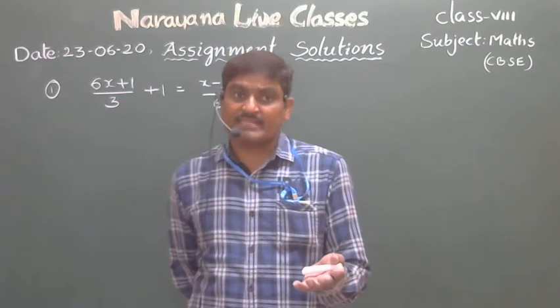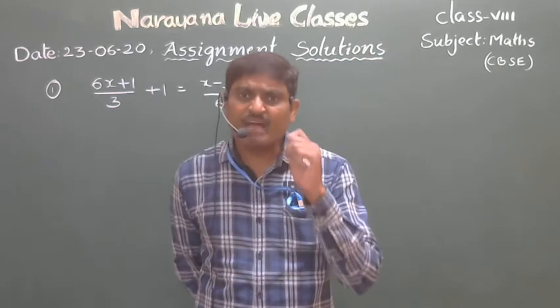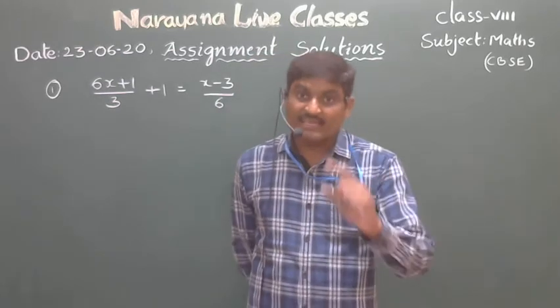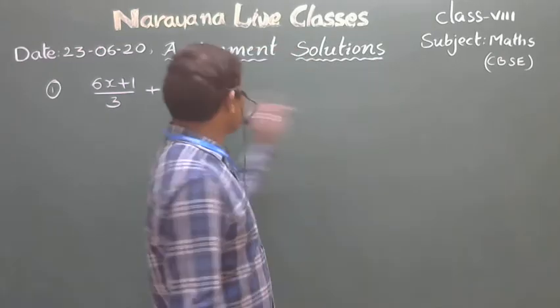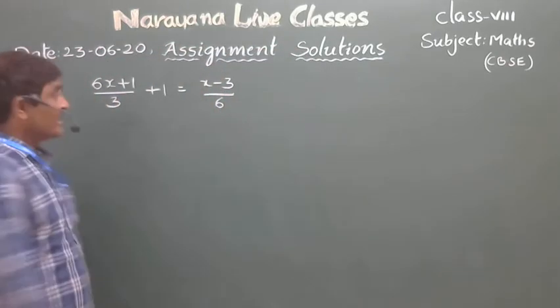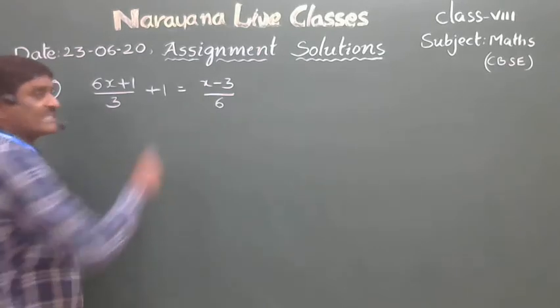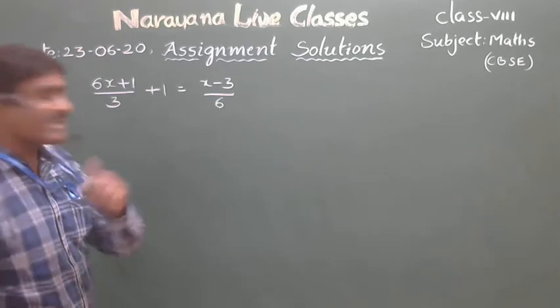That means denominators. The denominators are different, so with which denominator do we need to multiply? Yes, it is better to multiply with their LCM. We know that the LCM of 3 and 6 is 6. It is very clear. So it is better to multiply both sides with 6.